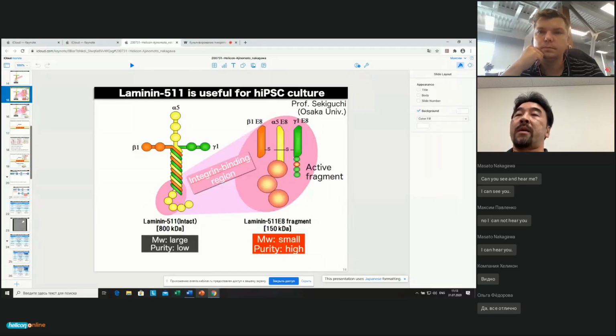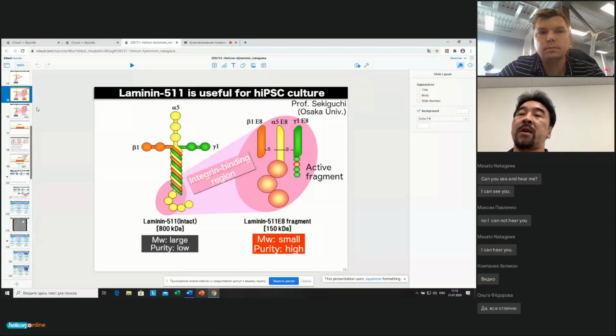In Japan, Professor Sekiguchi of Osaka University has found that only this small integrin binding portion of the laminin can bind to the integrin very efficiently. This active laminin fragment is called the laminin 511 E8 fragment. Dr. Sekiguchi's group has already developed the production and purification method of this active E8 fragment.